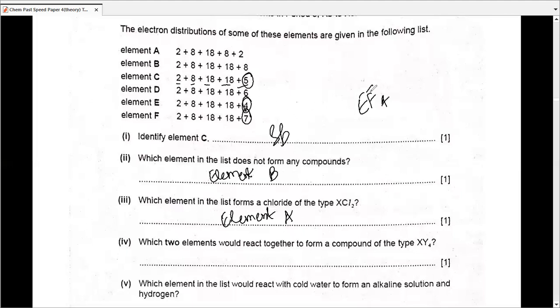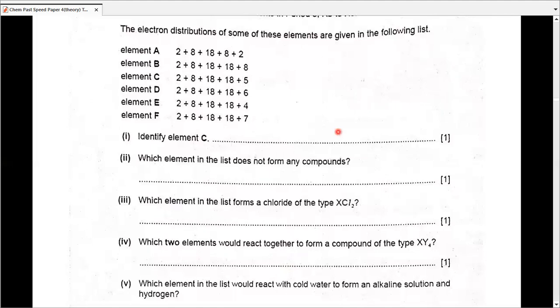This has four electrons to spare, so it would be something like this. Come on, that was easy. So EF4, two elements E and F is enough. Okay, let's clear it all up.